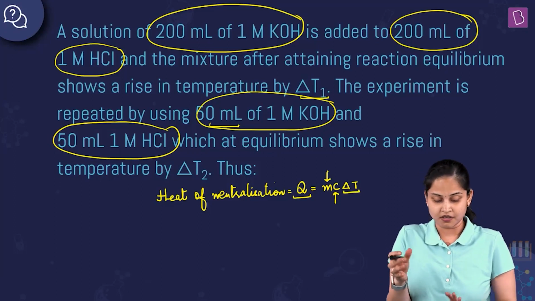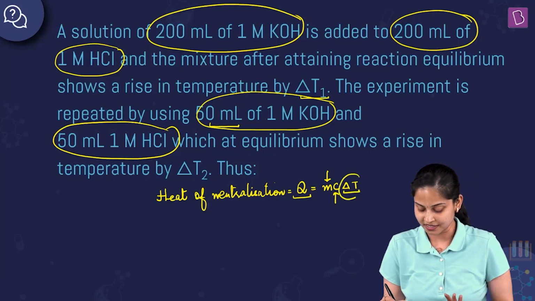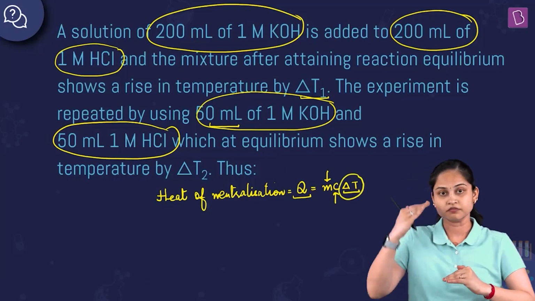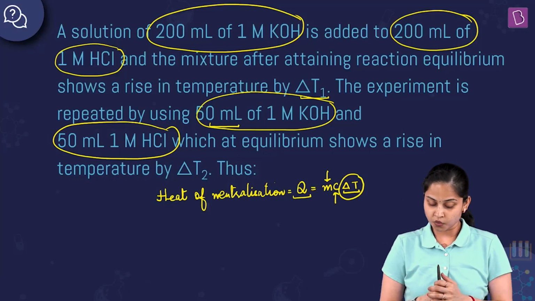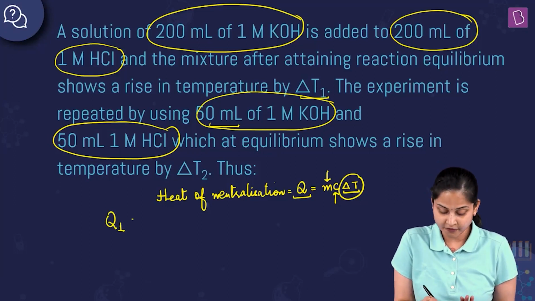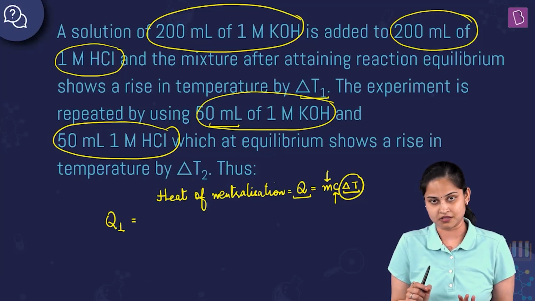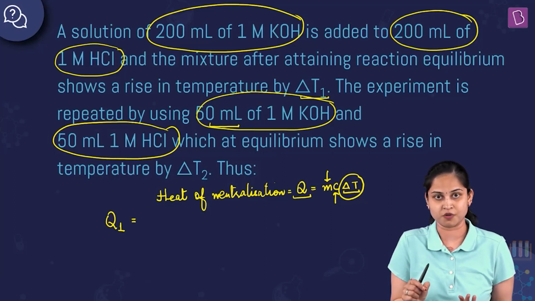We can also say rise in temperature. If I talk about the first process, the heat of neutralization for the first process is Q1, and if I talk about the mass of the solution for the first process.